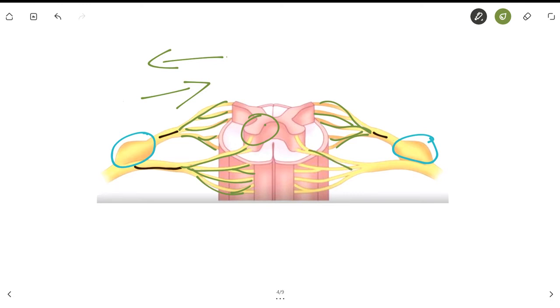You'll have your rootlets over here, and then you have your ventral root here. So those were the spinal nerves that relay the sensory or motor information, and I thought that would be helpful, so I just added that part. But back to gray matter and white matter in the spinal cord.